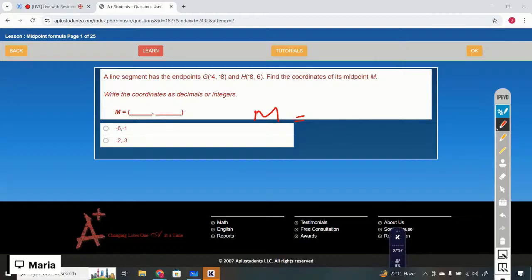So x1 plus x2, here is x1, here is x2. 6 minus negative 8 over 2, that is 14 over 2, that is 7.